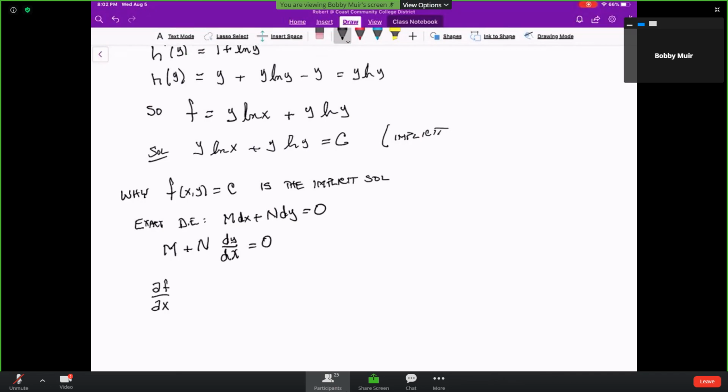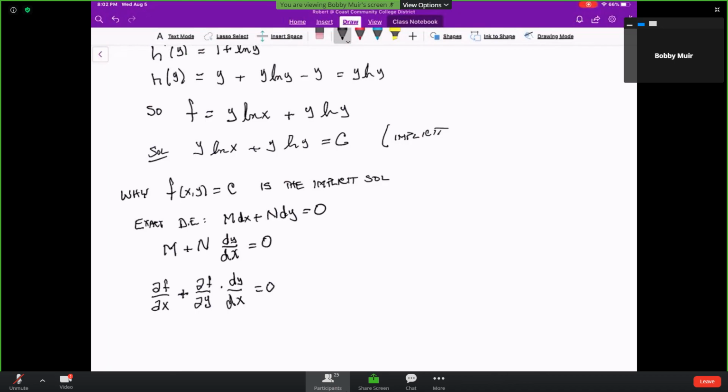Okay. Now this n is partial f partial y, then this times dy dx equals 0.